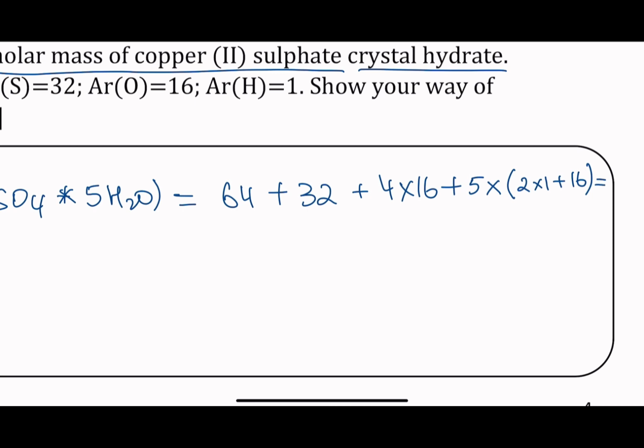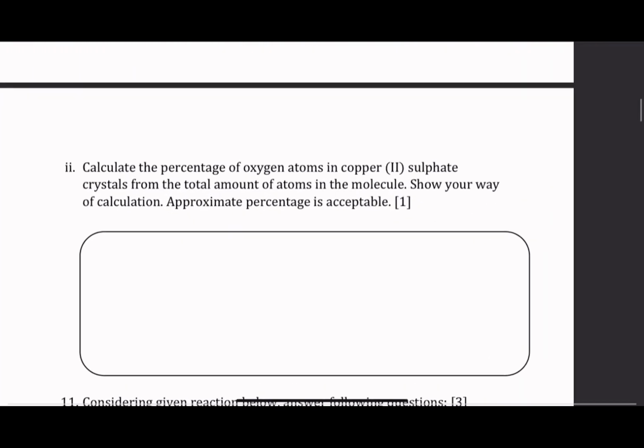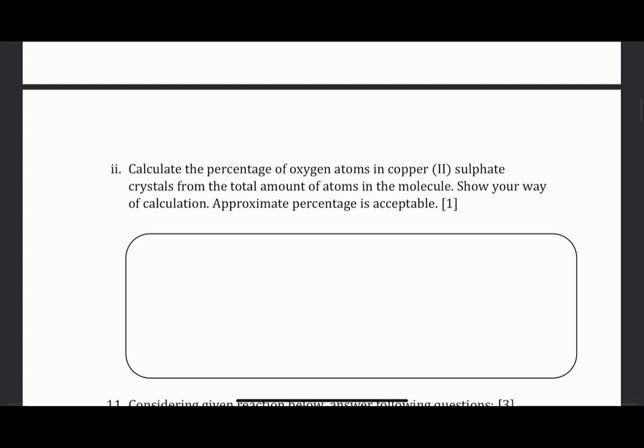Okay, so altogether it's going to give us 64 plus 32 plus 64 plus 90. And then from here you got 250 gram per mole.